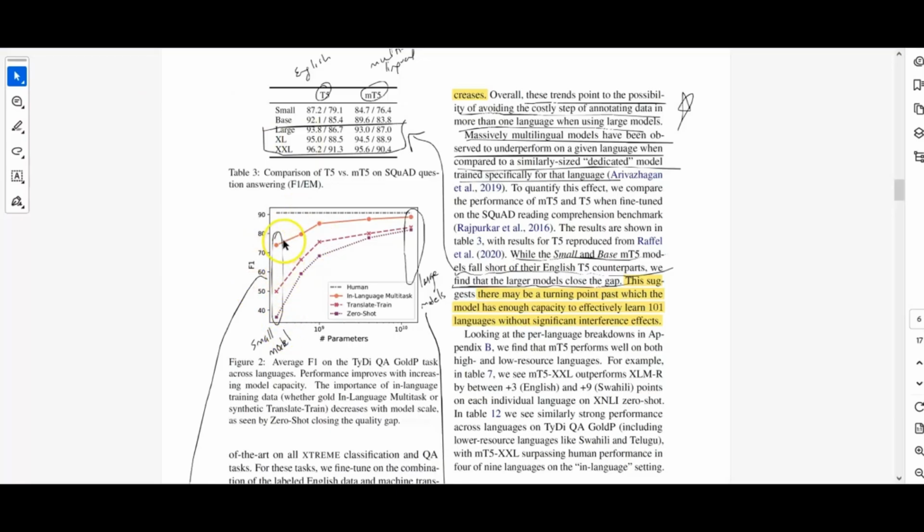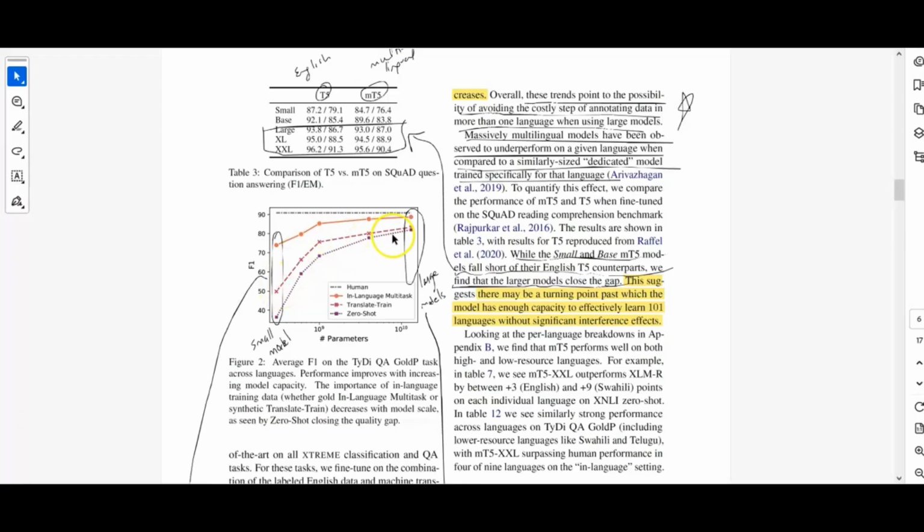Here what they're showing is that when we have small models, the difference in performance in the three categories that we saw before is stark. But as the model size increases, the difference in performance converges. Basically, when we have small models, the training with the actual data in other languages gives us the best performance as opposed to fine-tuning with the English-only dataset or fine-tuning with English plus the translated dataset.